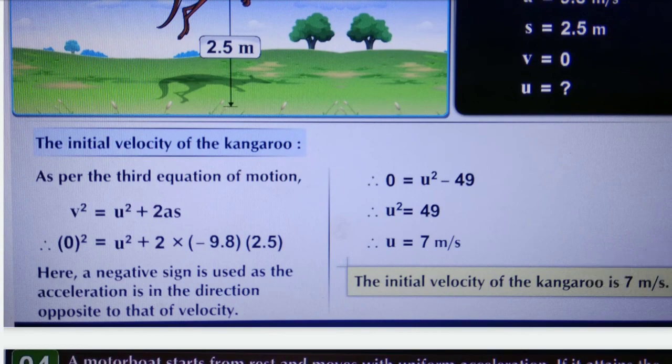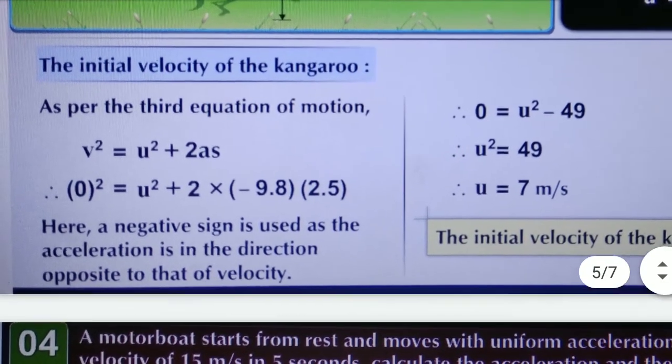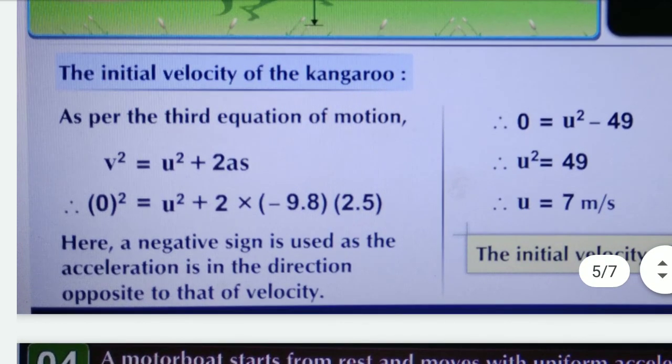As per the third equation of motion, v square is equal to u square plus 2as. Put the values. 0 square is equal to u square plus 2 into, here we have taken the value of a, that is g, as negative 9.8, into 2.5.